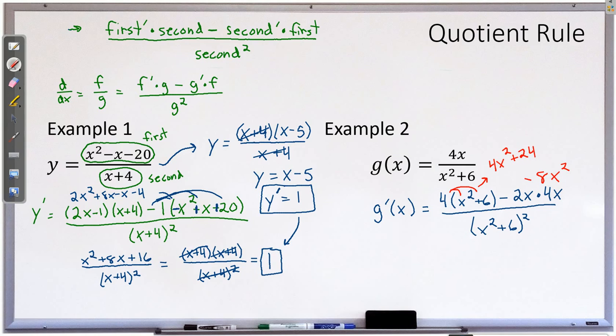Combine those on the top. 4x squared and negative 8x squared is negative 4x squared. Still have the plus 24 divided by x squared plus 6 squared.